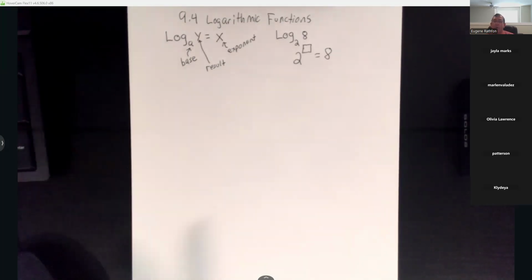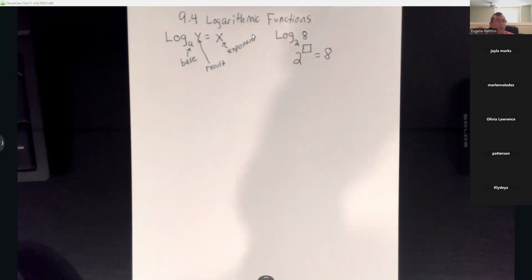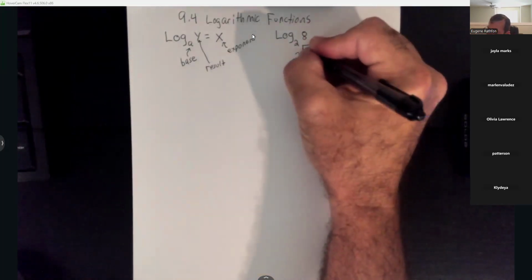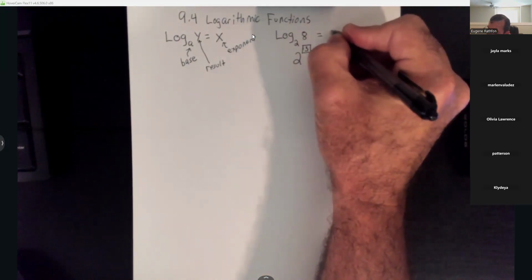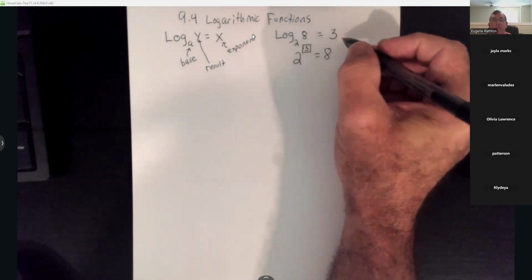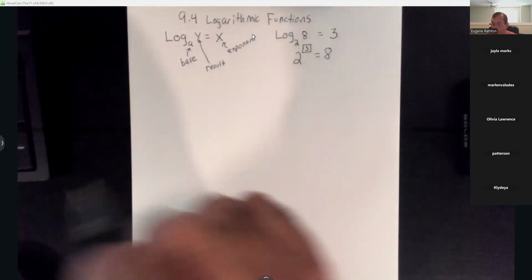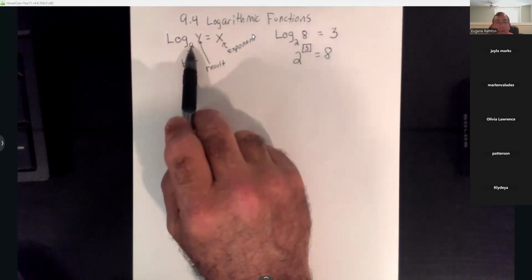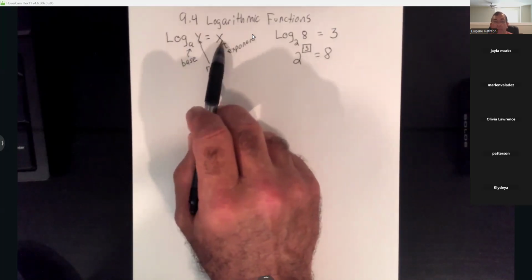How many times do you got to multiply 2 times itself to equal 8? So let's think about it. 2 times 2 is 4, times 2 is 8. Good job. That would definitely be a 3. So if you punch this logarithm on your calculator, it would give you the answer of 3. So you're looking for exponents, okay, y'all? So they'll give you a base, they'll give you that result, and when we punch it in, we get our exponents.